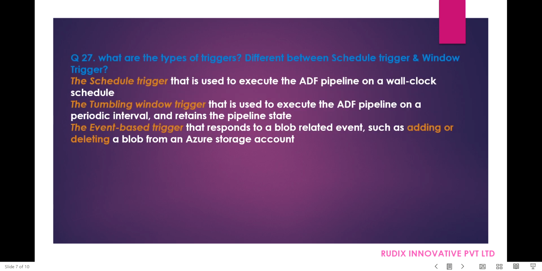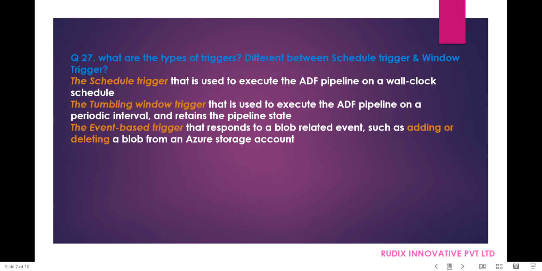What are the types of triggers? What is the difference between schedule trigger and tumbling window trigger? This is also one of the most frequently asked questions for freshers and experienced candidates. There are three types of triggers: schedule trigger, tumbling window trigger, and event-based trigger.